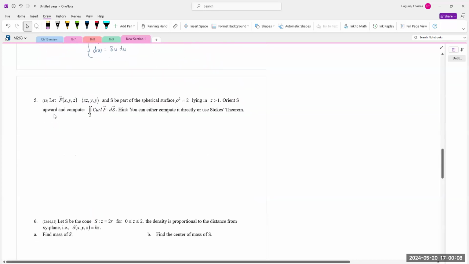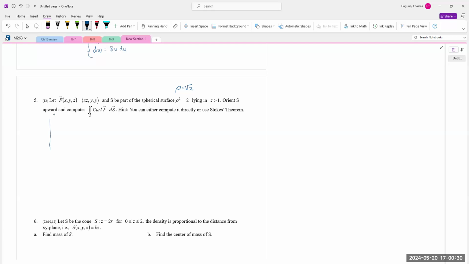Let's see number 5. We have this vector field, and S is part of the spherical surface rho squared equals 2. So the radius of that sphere is rho equals square root of 2. Lying in z greater than or equal to 1. Let me try to imagine that. So the radius is square root of 2, but z is greater than or equal to 1.